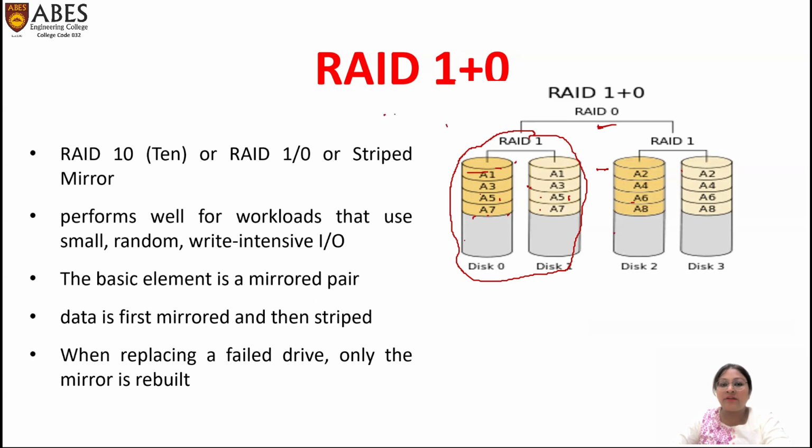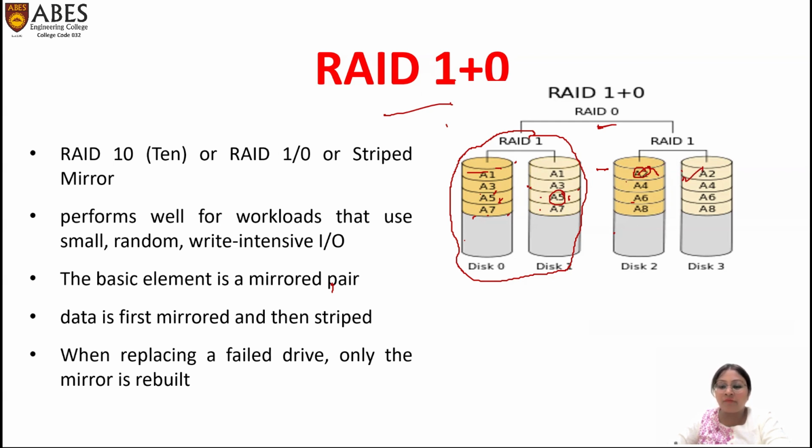By using RAID 10, we are getting the advantage of both RAID 1 and RAID 0. In this method, if any disk fails, like A5 of disk 1 fails, then it gets recovered from disk 0. Or you can say that if A2 fails from disk 2, then it is recovered from A2 of disk 3.